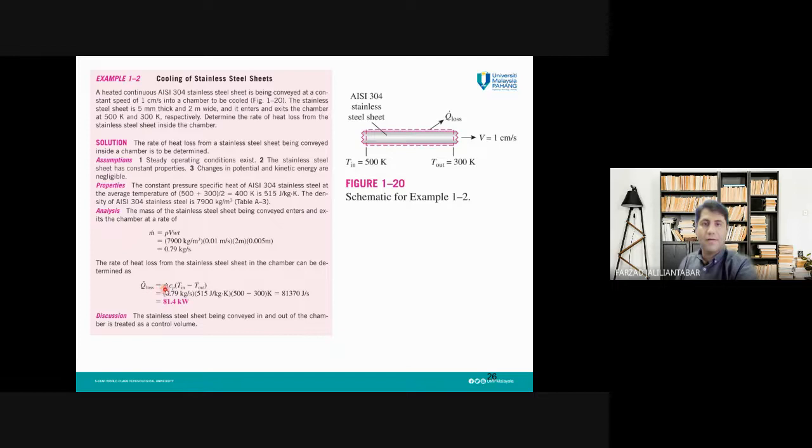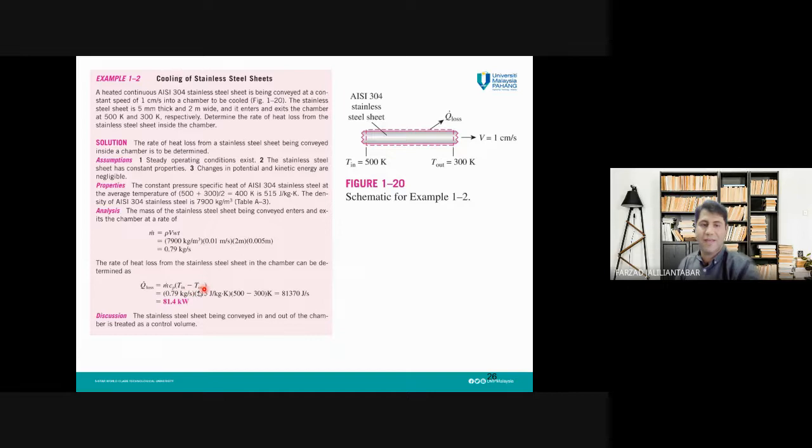And why do we write T in minus T out? Because T in here is higher than T out. Usually we have T2 minus T1, but here it is heat loss. If we write T out minus T in, everything is the same, only the value will be negative.